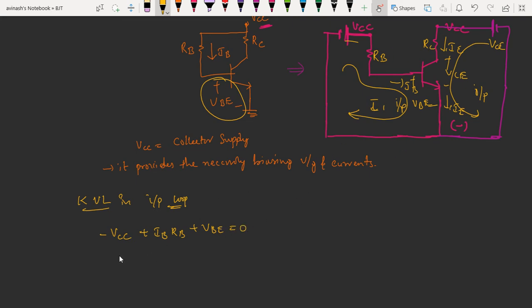Then this can also be written as VCC is equal to IB into RB plus VBE.